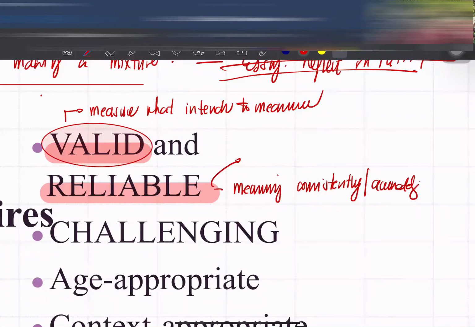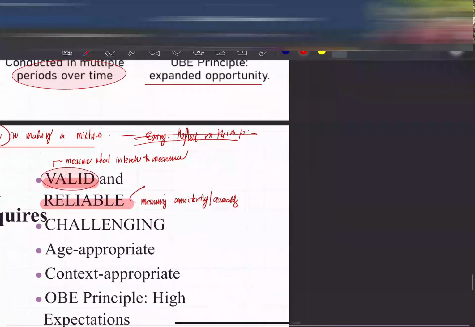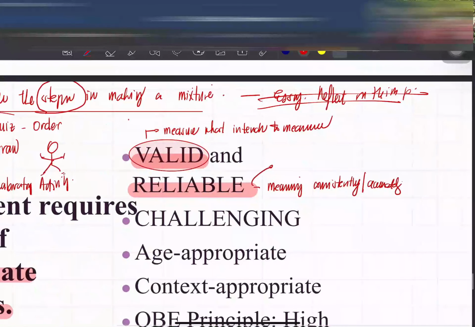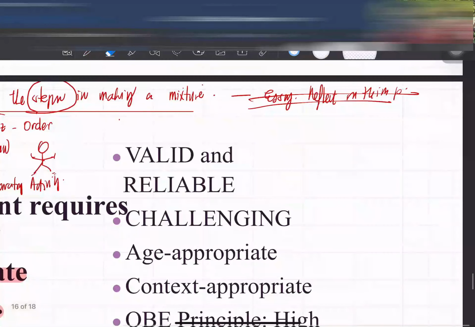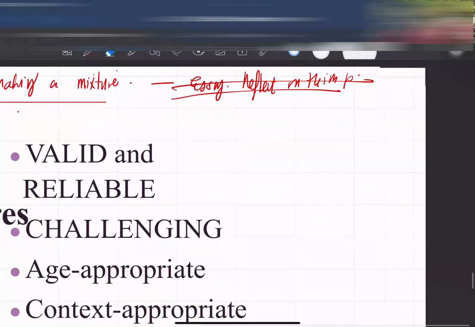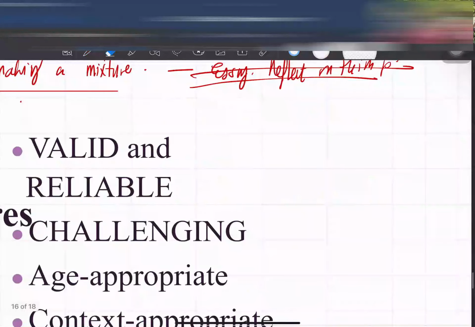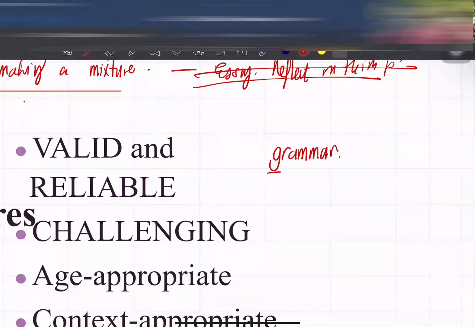Okay? Now, another concern natin dito sa validity and reliability is the grammar that we have. Oftentimes, students would be raising concerns that they cannot understand the question because the grammar daw is wrong. Okay, class, if you have grammatical errors regarding your examination, it will not be considered valid.